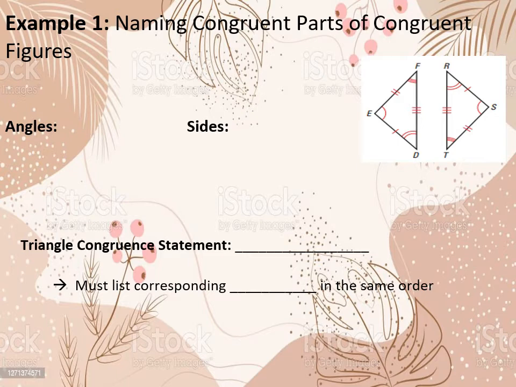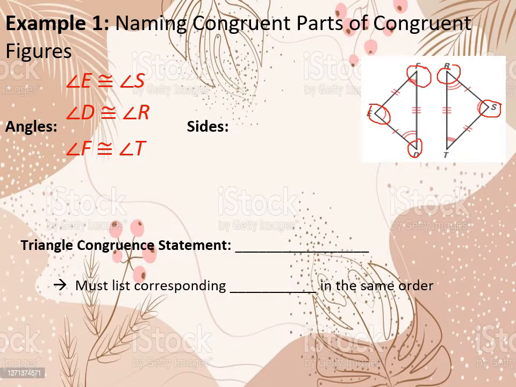For the congruent angles, angle E is congruent to angle S. Angle D is congruent to angle R. And angle F is congruent to angle T.